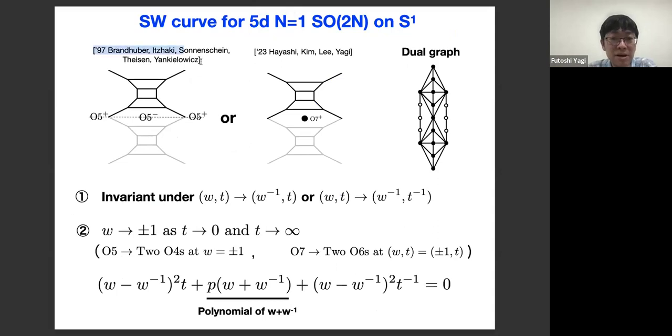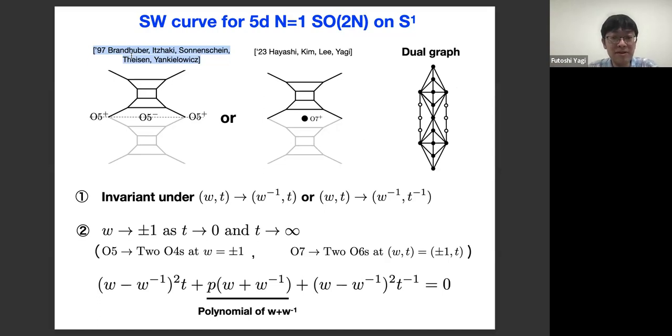There is a paper by these people which also wrote down the 5D Seiberg-Witten curve for Sp, but this curve does not use the correct constraint due to the orientifold.